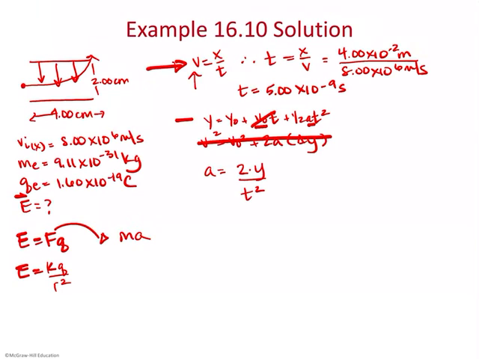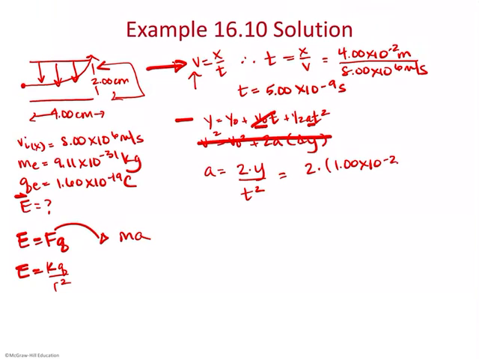So a is equal to 2 times y divided by t squared. Do we have a y value? Yes. Now, this distance right here is 2 centimeters, but where does it look like the electron is entering? It's entering right in the middle. Okay, so our y value isn't 2, our y value is 1 centimeter.